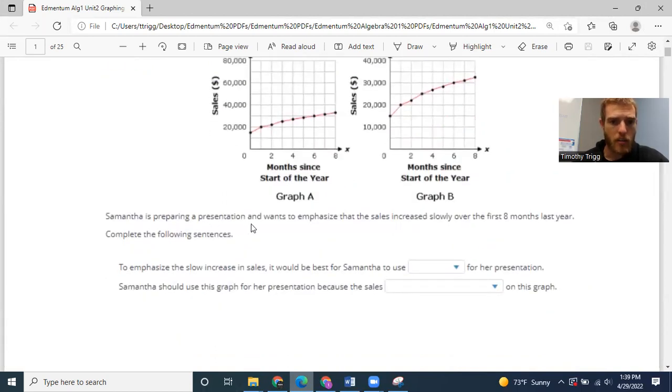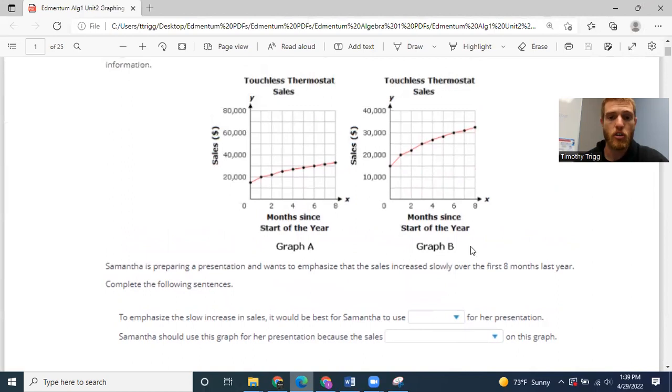Samantha is preparing a presentation and wants to emphasize that the sales increased slowly over the first 8 months last year. Complete the following sentences. To emphasize the slow increase in sales, it would be best for Samantha to use blank for her presentation. So which graph looks like a slower increase in sales? All right, that would be graph A. So if she wants to show its slow increase, she would use graph A.